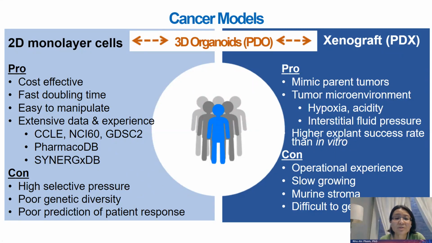In the traditional 2D monolayer cells, we have them growing quite quickly, within 2 or 3 days doubling time. They're easy to manipulate. In that way, they're very cost effective. And these cell lines have been long studied, and extensive data and experience have been gathered. And we have large collections of knowledge through these resources I've named here, the CCLE, the NCI-60, GDSC2.